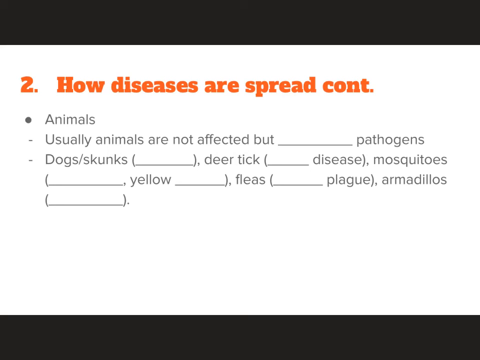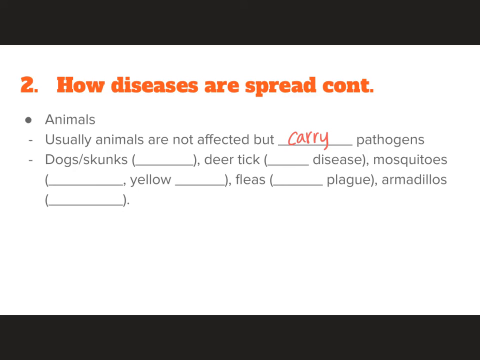Usually when animals have the pathogens, they are not affected, but they carry the pathogens. Because they don't have any symptoms that people may have, you wouldn't know, because they just look like normal wild animals. And then once you consume them or come in contact with them, those pathogens may enter your body and you start getting sick.